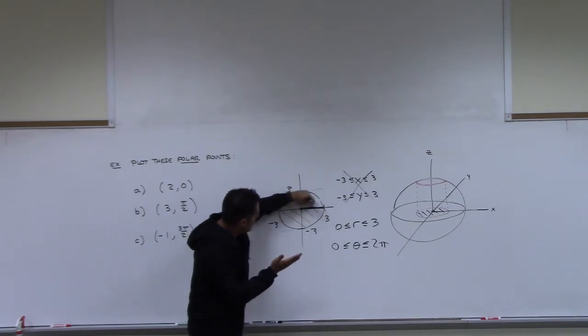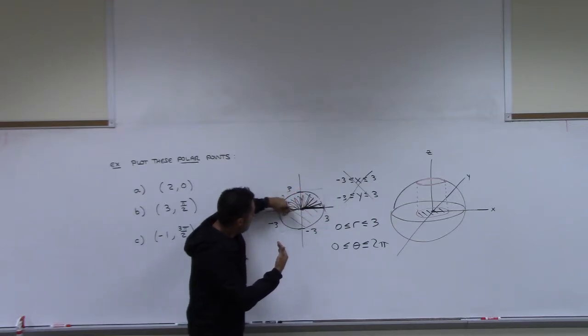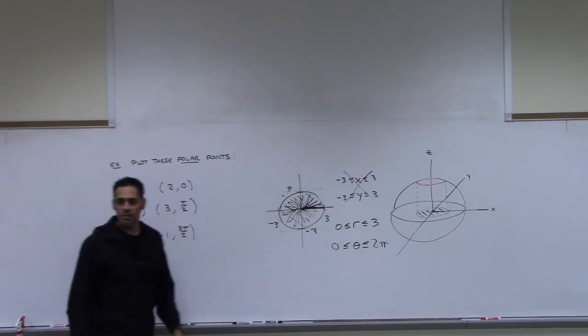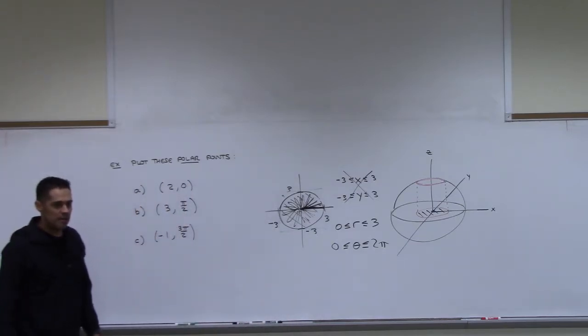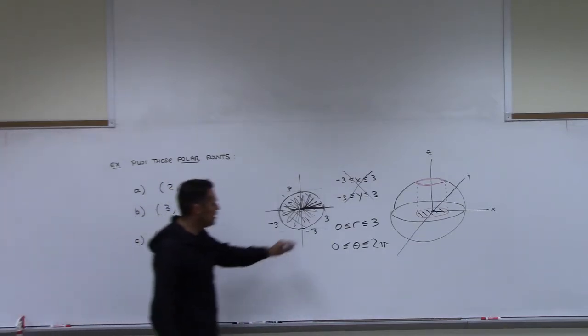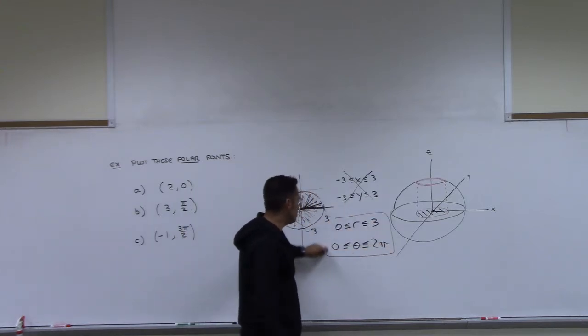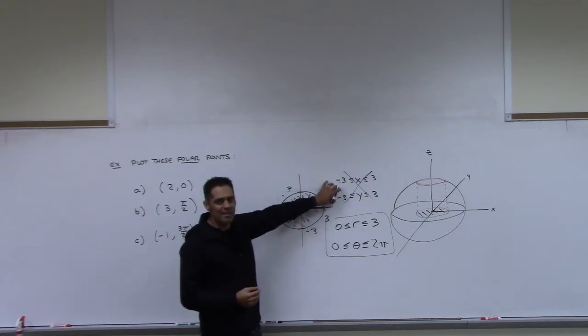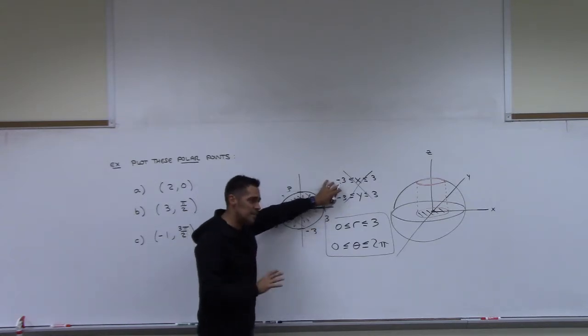I can turn a little bit, walk out, turn a little bit, walk out, turn, all the way around until I get back to 2 pi, and I've drawn the whole disk. Understand that? You see, it's a very simple way of explaining that region in polar coordinates. In Cartesian, it's not easy. It's possible, but it's not easy.